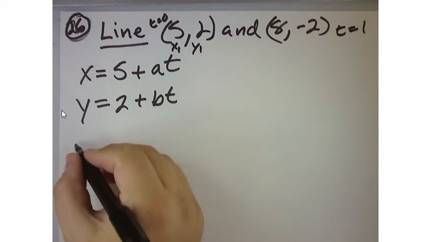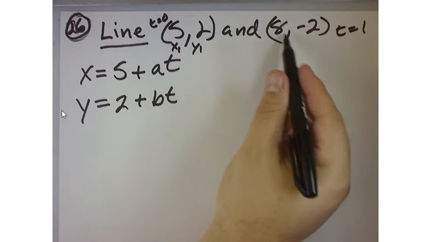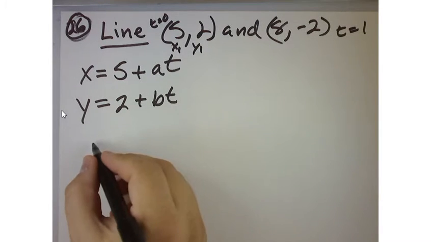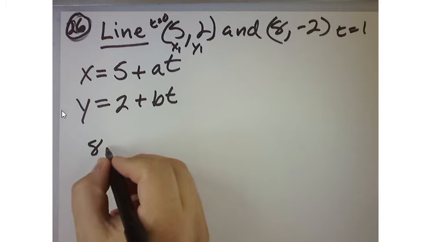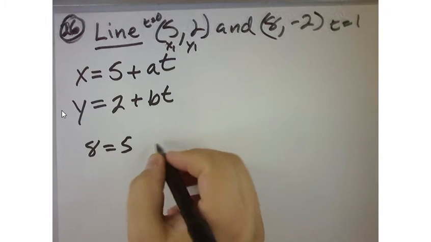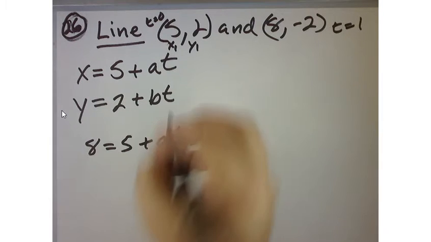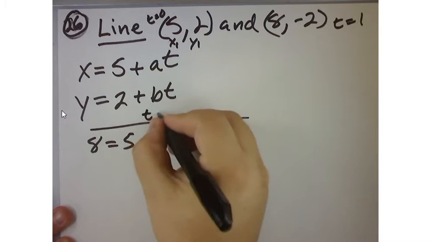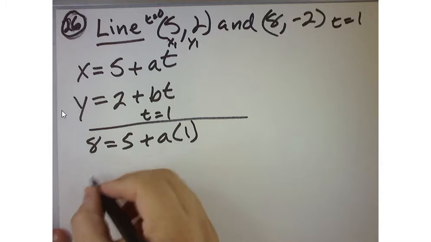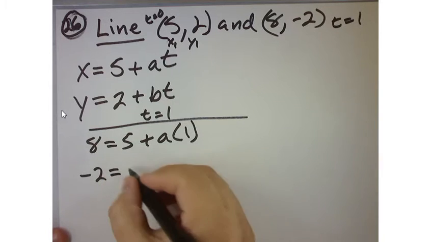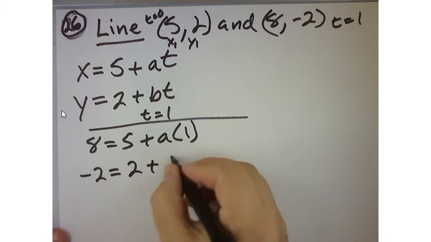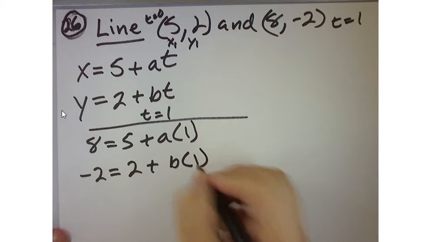So now on the next one, if t equals 1, then my x value should be 8 equals 5 plus a times 1, right? Because here we're going to say that t equals 1. And then we do the same thing with the y. I'm going to say negative 2 is equal to 2 plus b times 1.